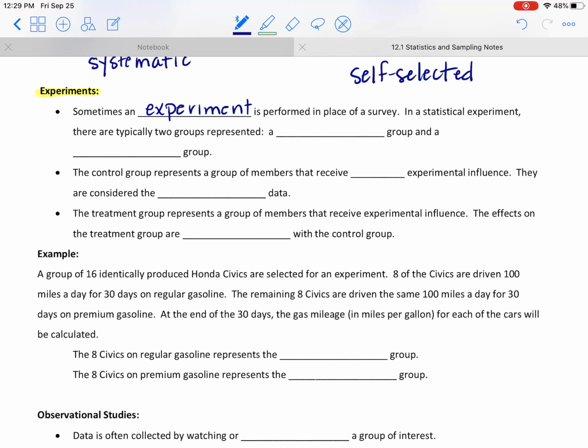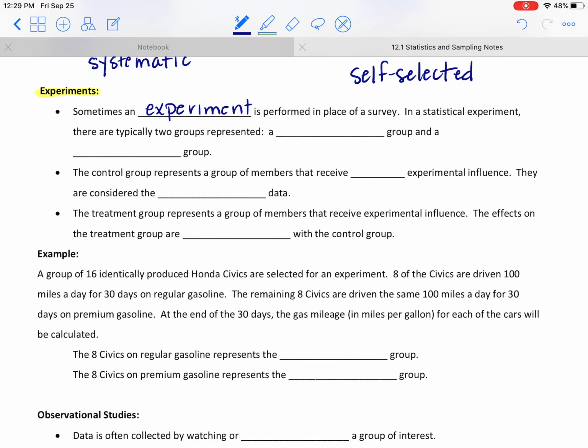Let's say you're a pharmaceutical company and you've just created a new allergy medication. Do you want to survey people to decide how well your allergy medication is working? Probably not, right? You're going to collect better, more viable statistical data by performing an experiment.